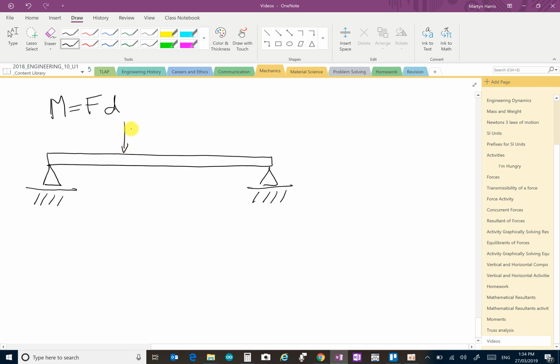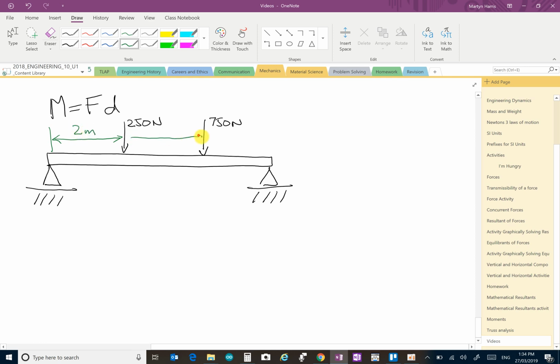So let's say on our bridge we have some forces acting. On our beam bridge I've got one force acting at 250 newtons, and I've got another force over here acting at 750 newtons, and I also have some distances. From this fulcrum to that force is 2 meters.